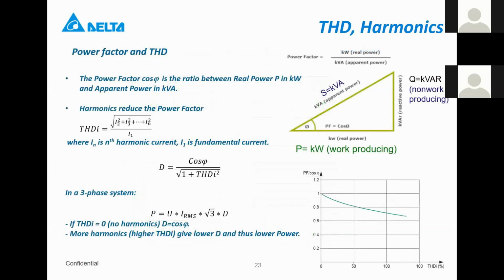We spoke already a little bit about the power factor, and that is influenced by harmonic distortion. Here you see the calculation of the THDI, more or less, and the relation between the cosine phi and the different powers, the real power and apparent power.